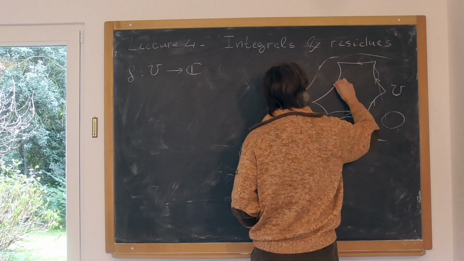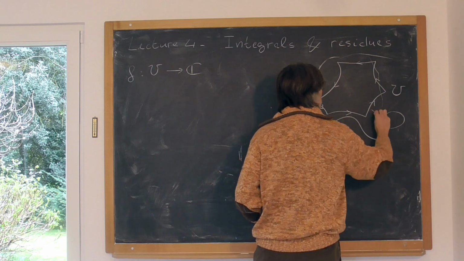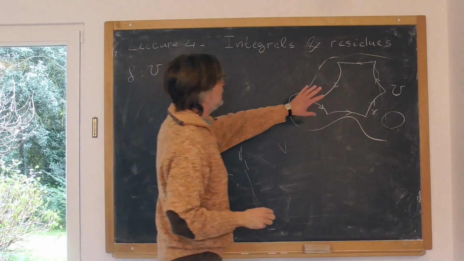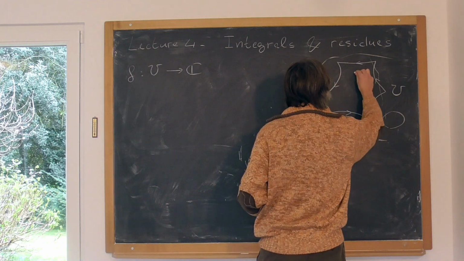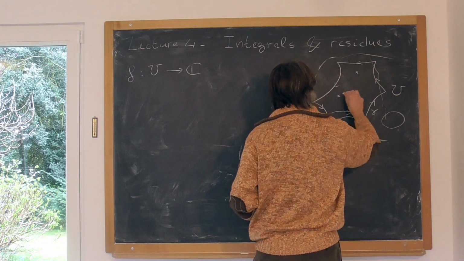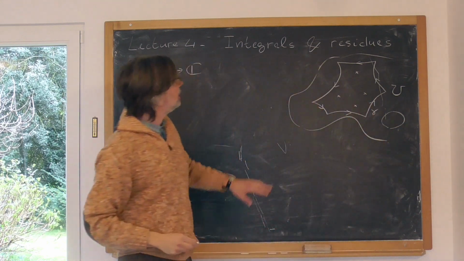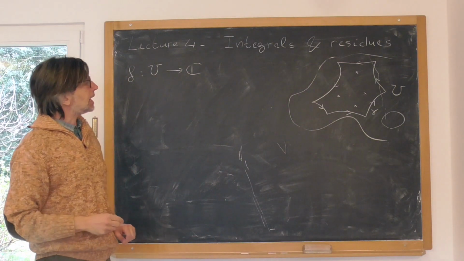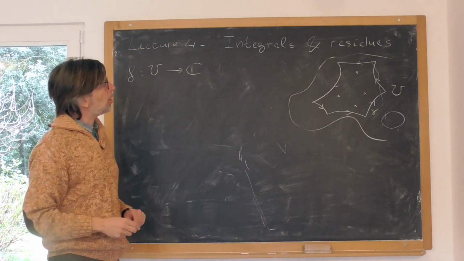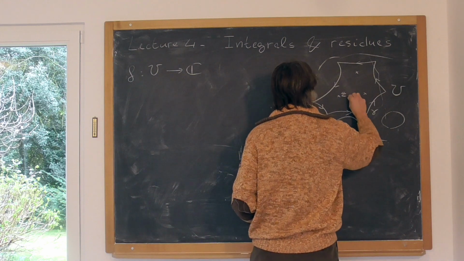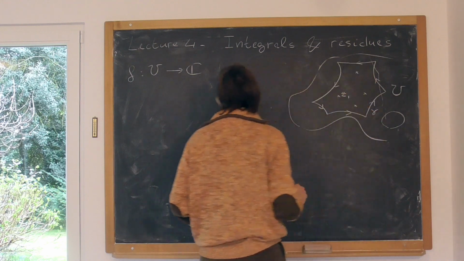The region bounded by the contour is contained in U, although there are some points missing from U. f has possibly some singularities in the region bounded by the contour.